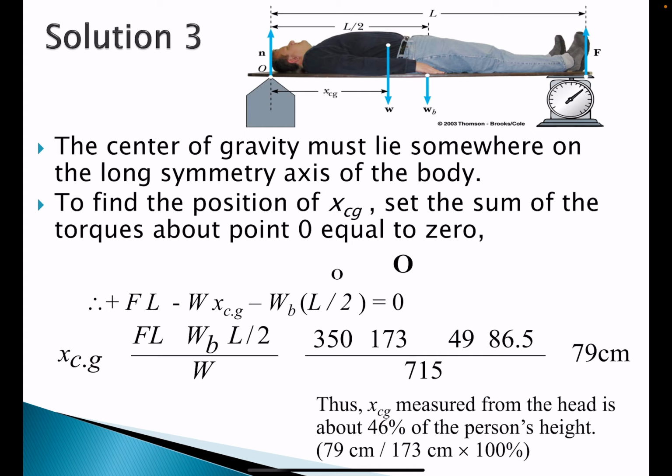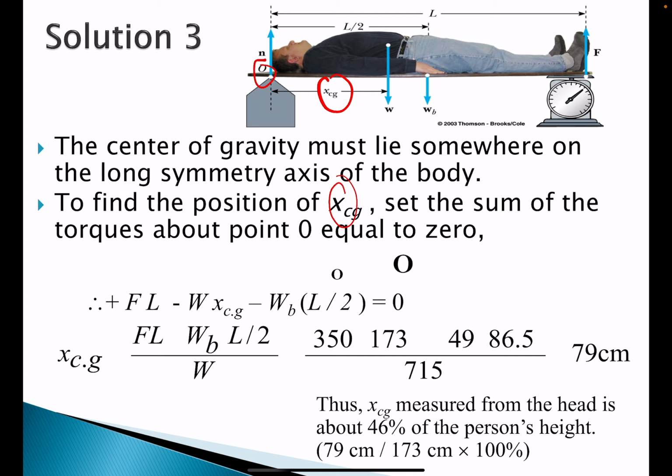Alright, so the center of gravity must lie somewhere on the long symmetry axis of the body. So this is the XCG, center of gravity. To find the position of the XCG, set the sum of the torques about point O here equal to 0.